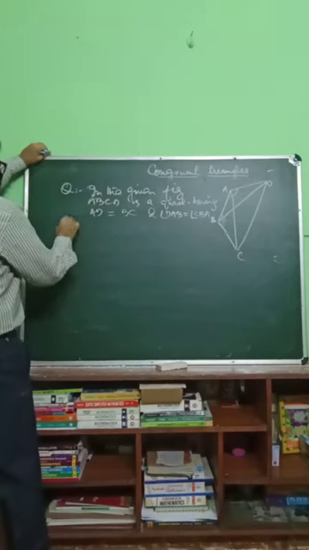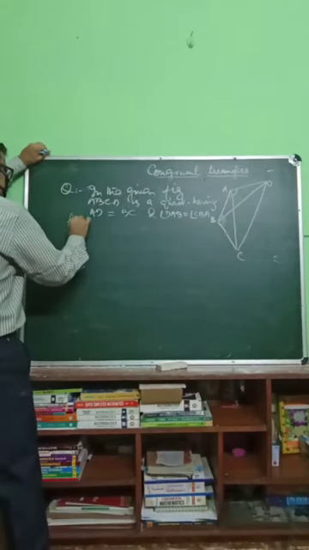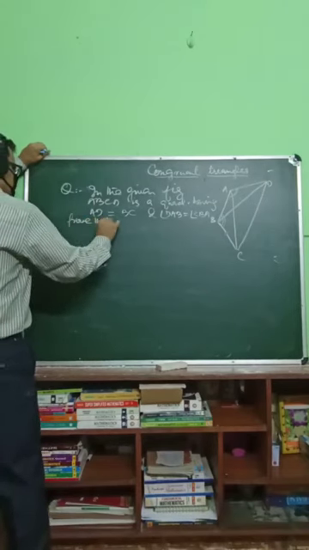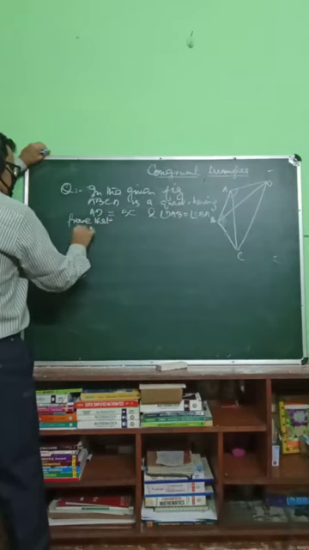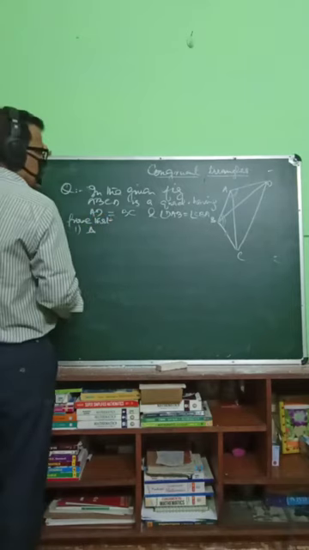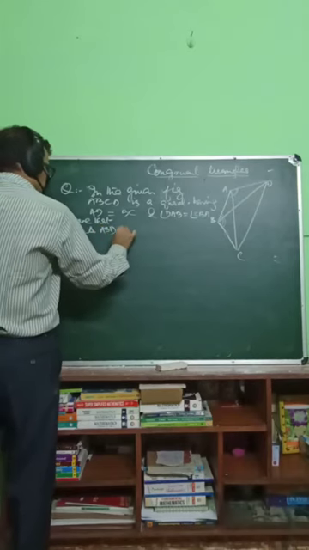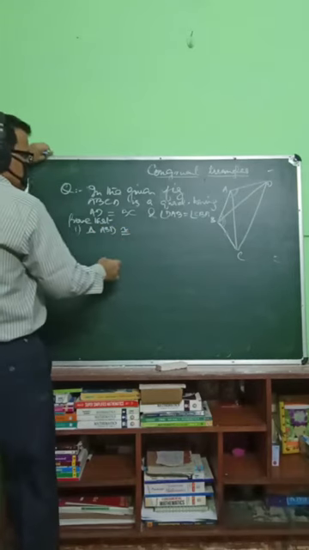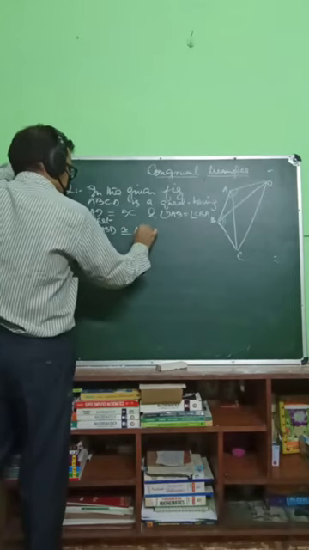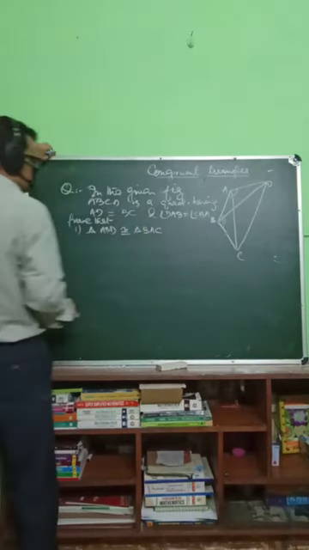Then prove that triangle ABD is congruent to triangle BAC.